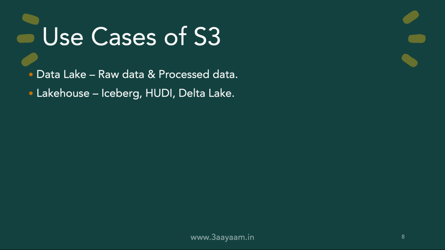What is Lakehouse? It is basically a combination of data lake and data warehouse. What it entails is data warehouse-like features on top of a data lake. But for that, we need some enabler technologies, and those technologies, frameworks or platforms are called Iceberg, Hudi, and Delta Lake.